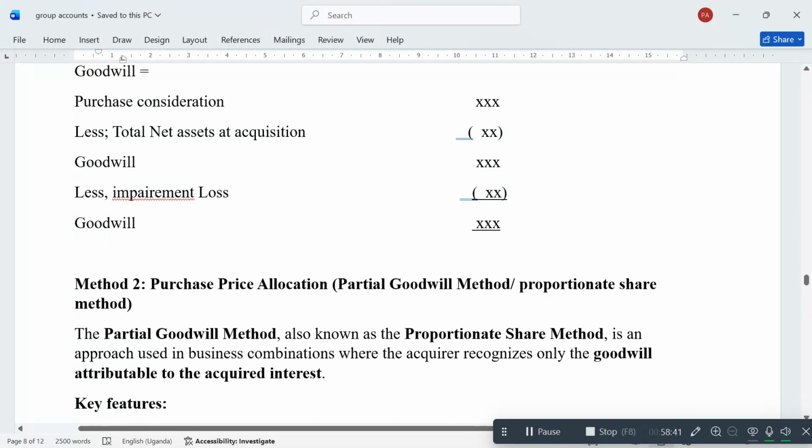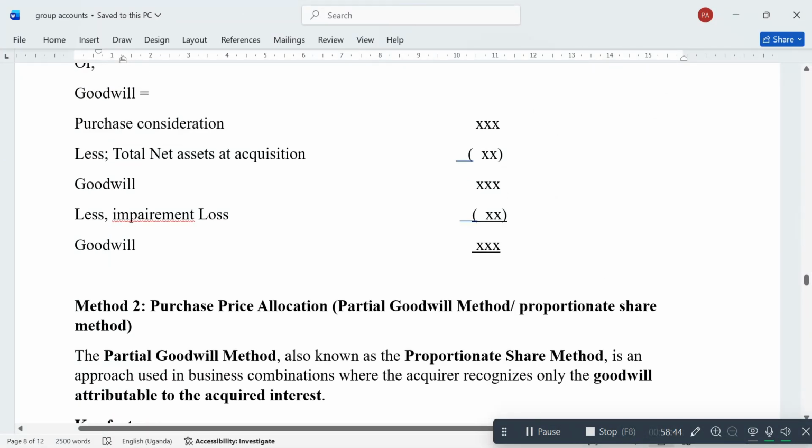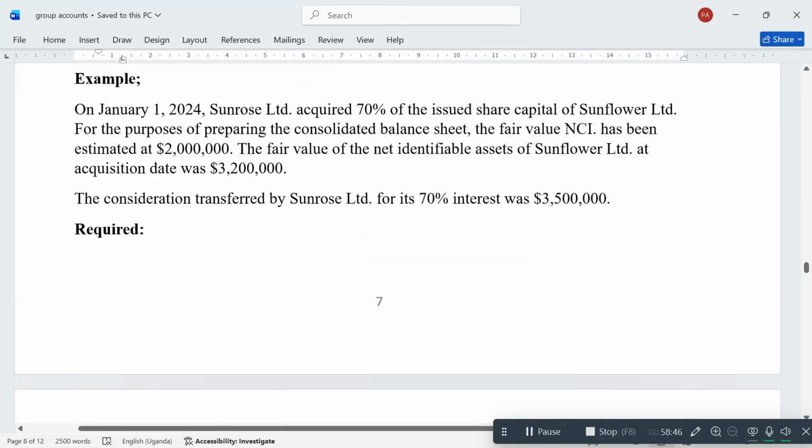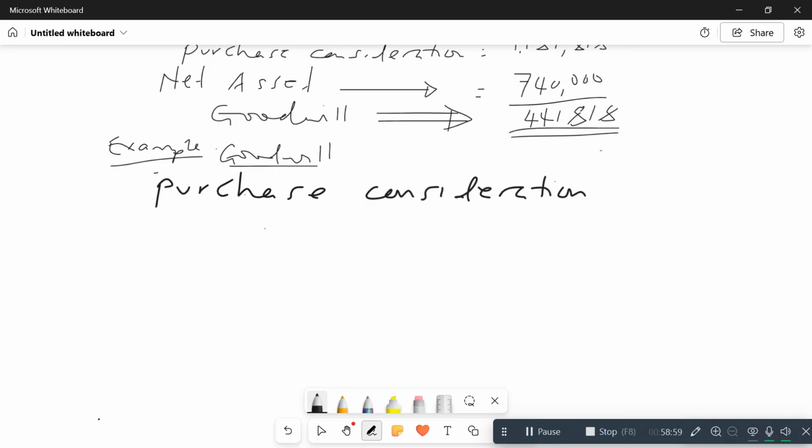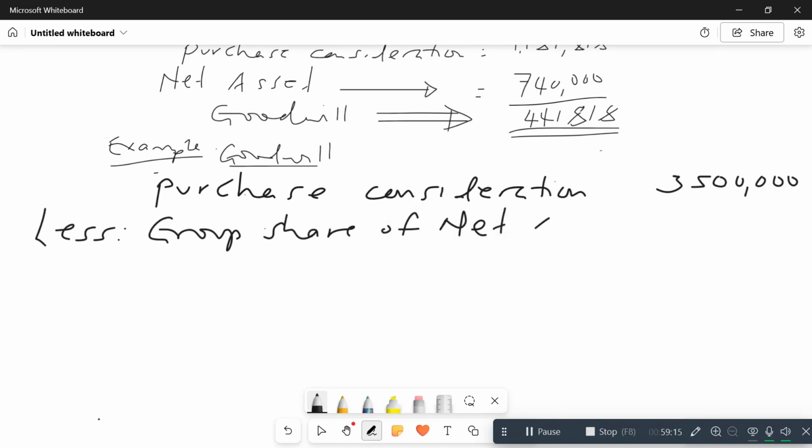Here it is given: the consideration transferred by Sunlaws to acquire 70% interest was 3.5. Good. Less the group share of net assets at acquisition.